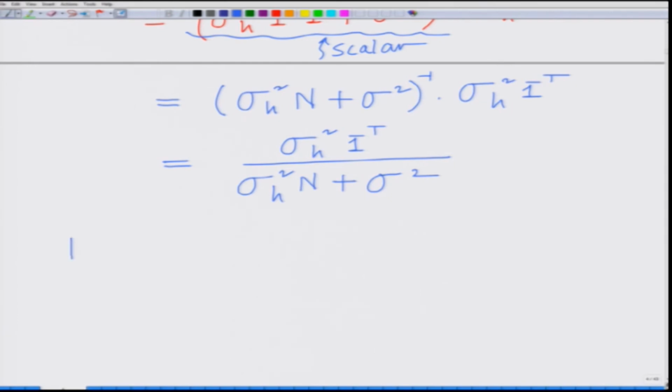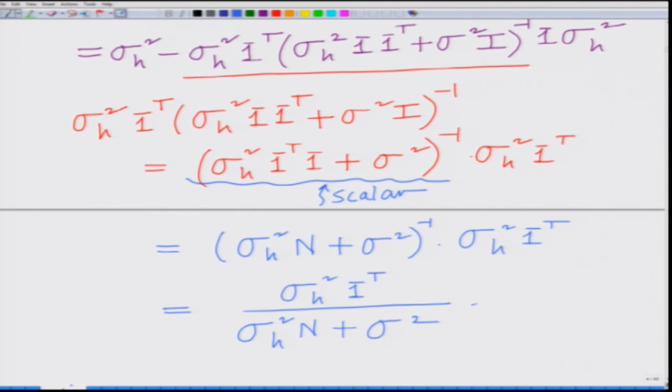Now, let us call this quantity star. These two are equivalent, so we are going to take the star and substitute it above.